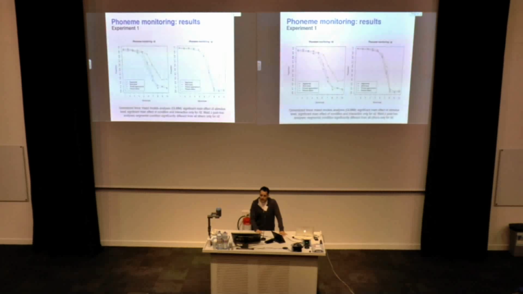So by steps 8, 9, and 10, there was almost no information in the signal. By step 10, there were absolutely no acoustic cues for a D in the signal, and listeners nonetheless reported perceiving them. And they didn't do that for G.